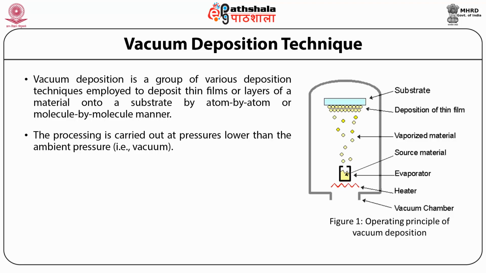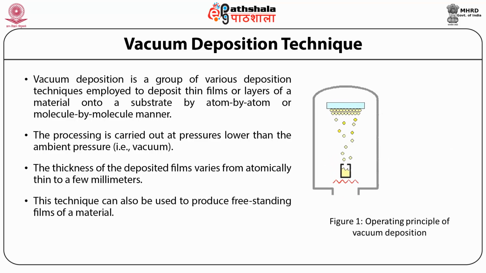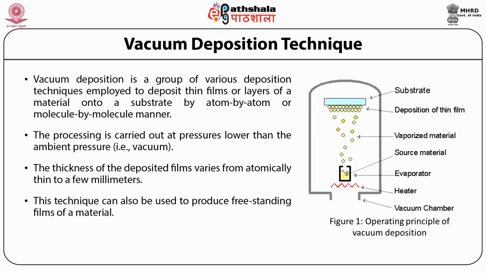The processing is carried out at pressures lower than ambient pressure, that is, in vacuum. The thickness of the deposited films varies from atomically thin to a few millimeters. This technique can also be used to produce freestanding films of a material.